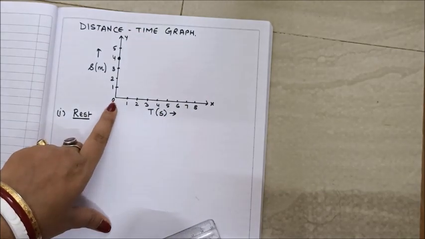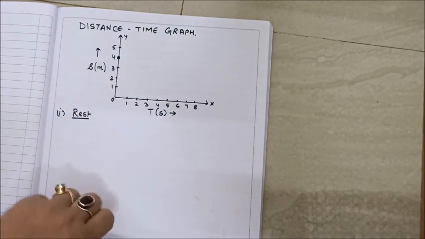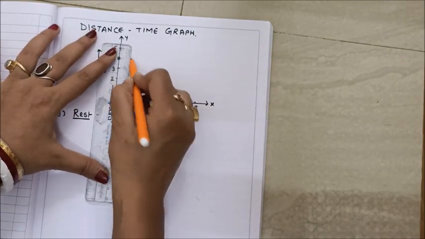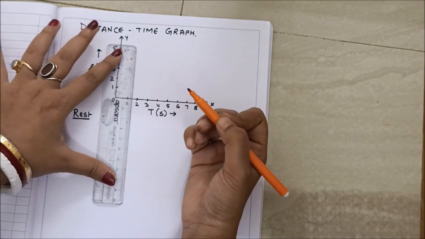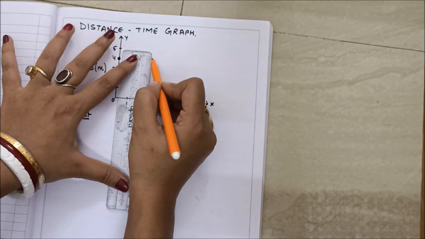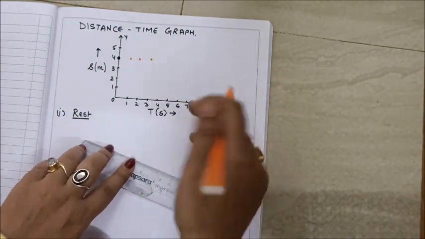So at 0 seconds, that means no time, it was at 4 meters. Then in the first second again, it was at 4 meters. Second it was again at 4 meters. Third second also it was at 4 meters. That means the object is not at all moving from its position.